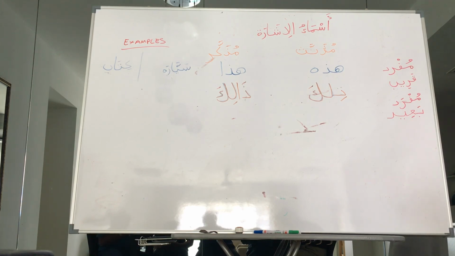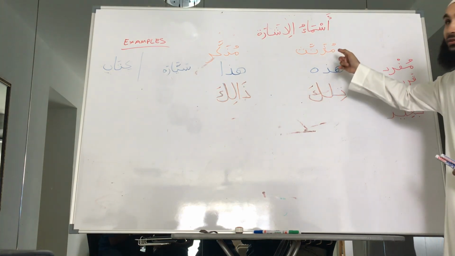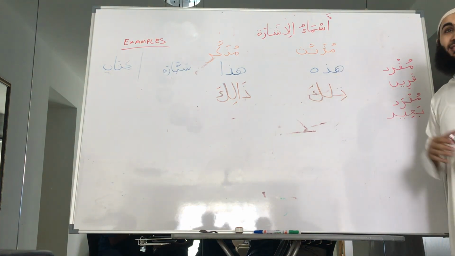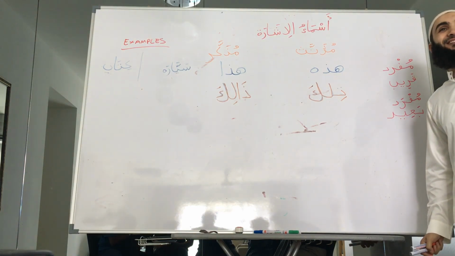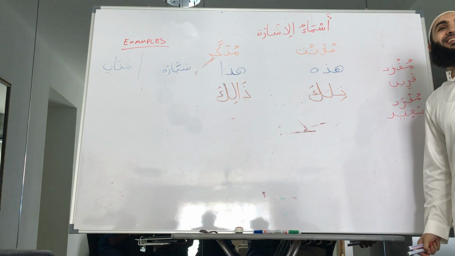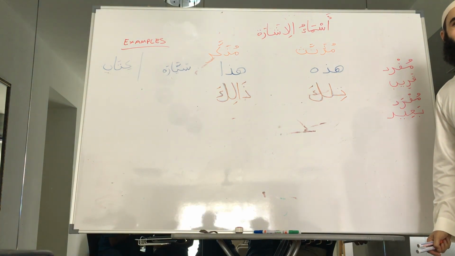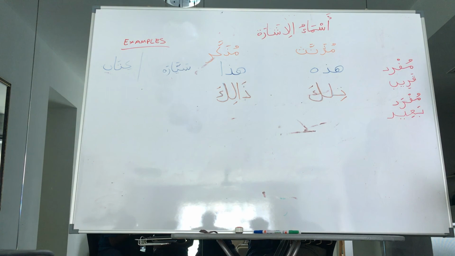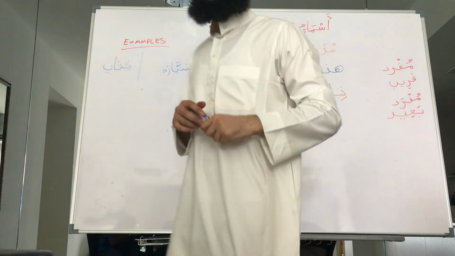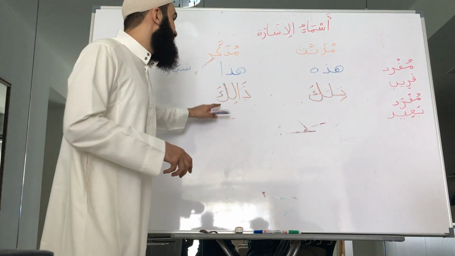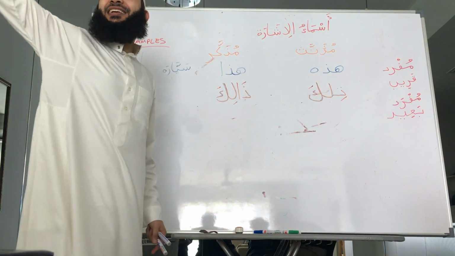So I say تلك is for female. سيارة is female. So I say تلك السيارة. That car, for female. And I say ذلك الكتاب.